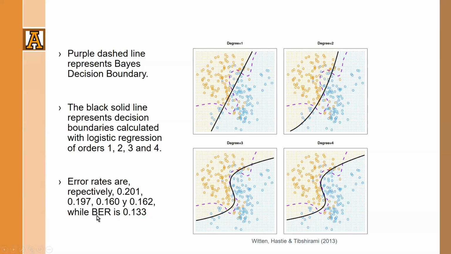The Bayes error rate is 0.133, and therefore the best choice would be 0.160, which is degree 3. Here we can select the degree very easily because we know what the Bayes error rate is. Since we do not know it, we use cross-validation to estimate the error rate, because there's variability in the error rate.